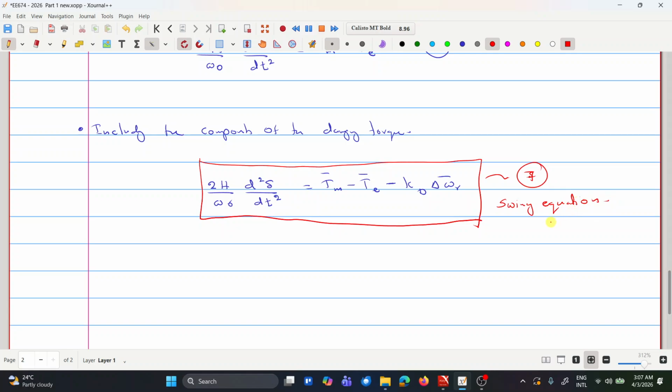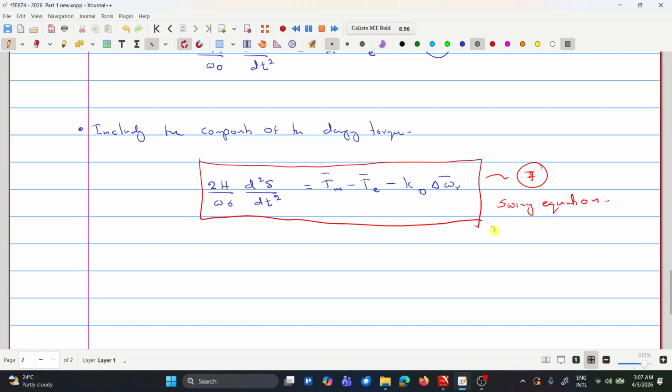Okay, which basically represents the swing in the rotor angle delta due to any disturbance in the load or generation, right?